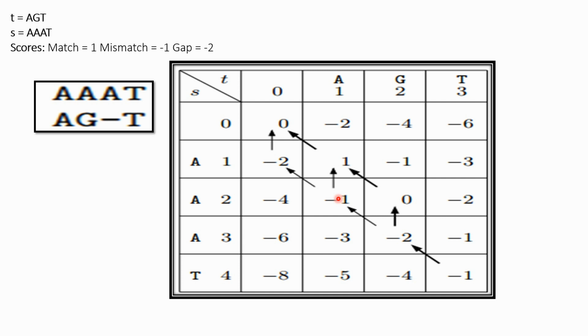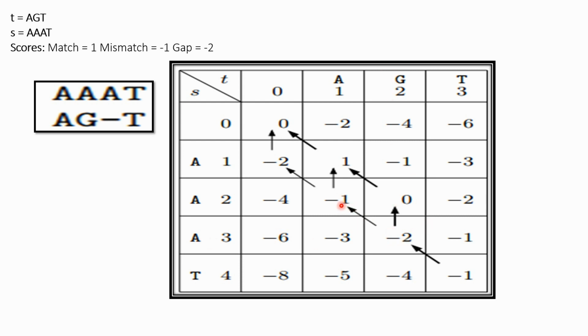And if the value is coming from the upper box, we add a gap to that sequence and align that gap with the residue or the base in the other sequence. Like in this case, we add a gap here and we align it with that base. So we move here, we align T and T, then we are here. Now the value is coming from the diagonal, we place A and G in front of each other.